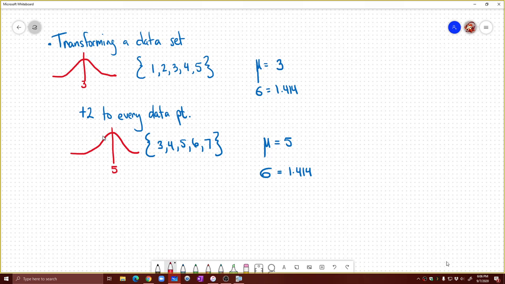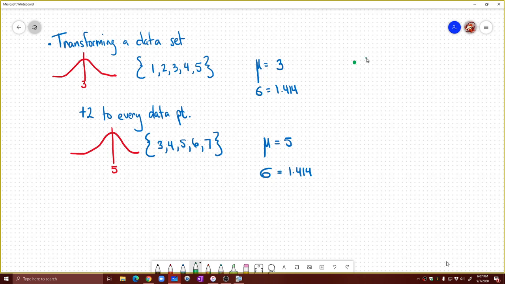The data will still remain spread out the way that it was originally. And the same thing will happen if we decide to subtract. You can also see that the spacing between the points really didn't change. Every point here was spaced away 1. When we come down here after adding 2, that spacing remained the same. So again, adding or subtracting does not affect our spread, it affects our measure of center.